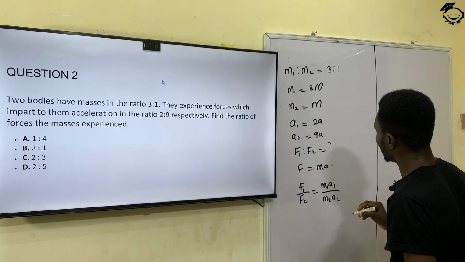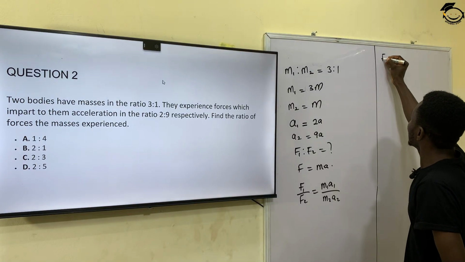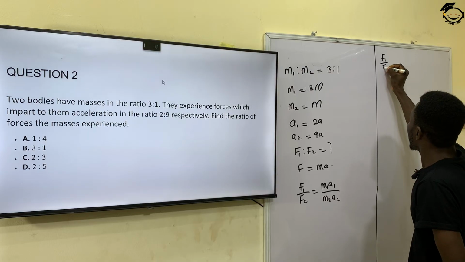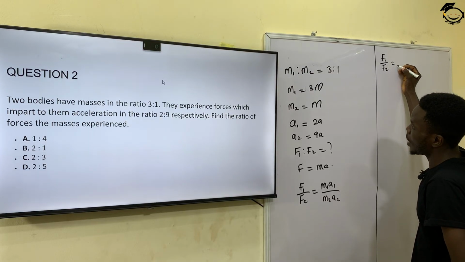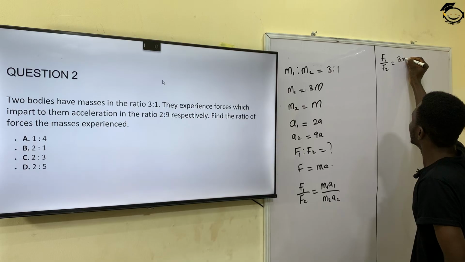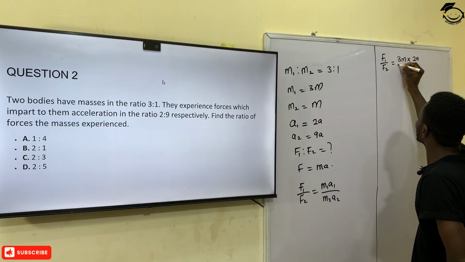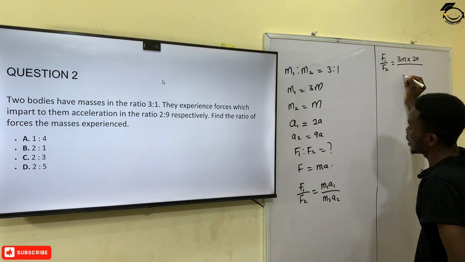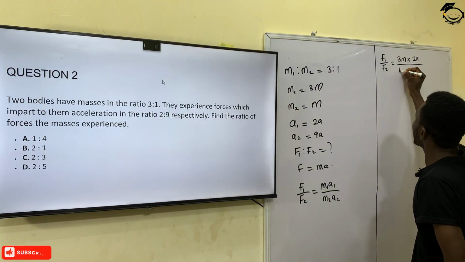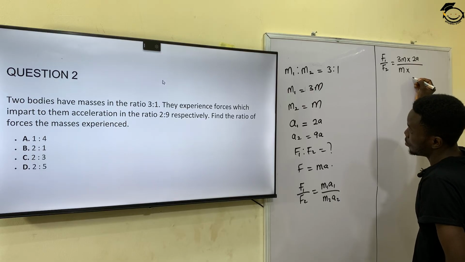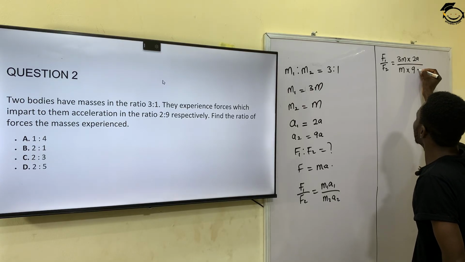So F1 over F2 is equal to my M1, which is 3M, times my A1, which is 2A, divided by my M2, which is M, times my A2, which is 9A.